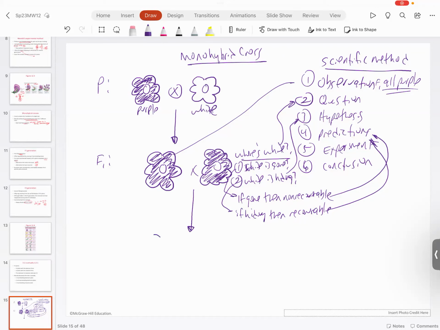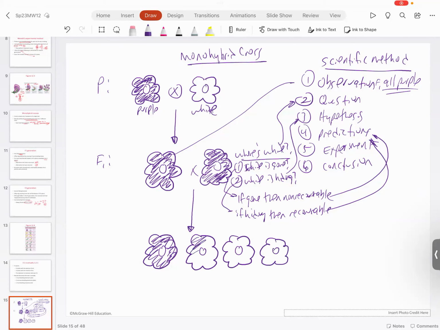What does he see? He sees 3 purple to 1 white.